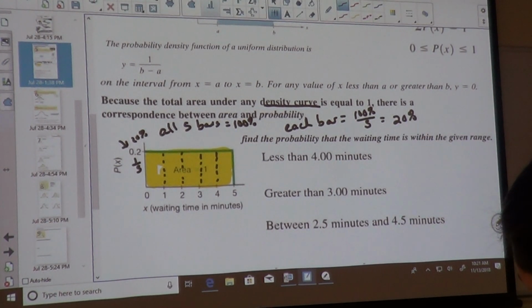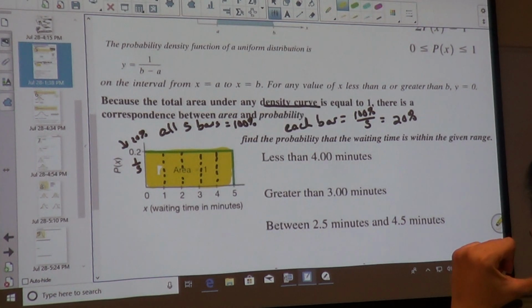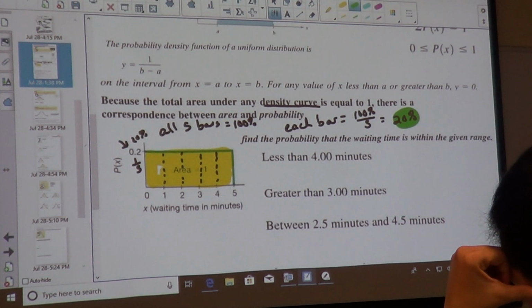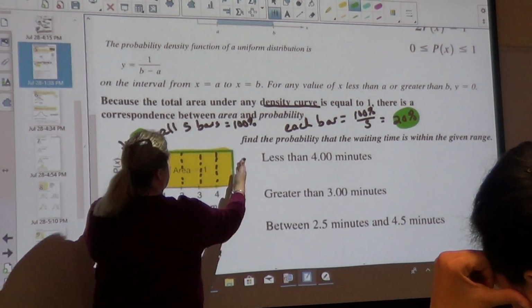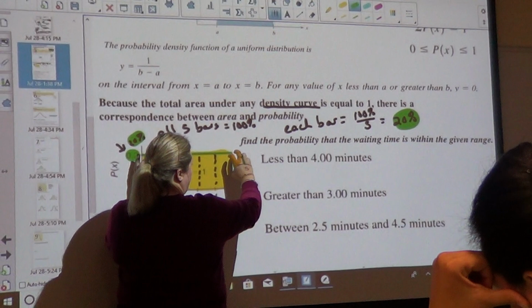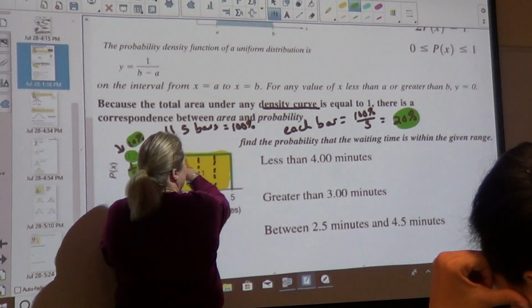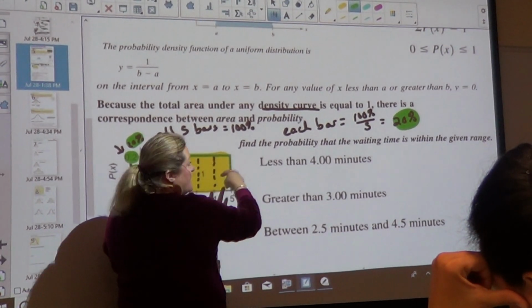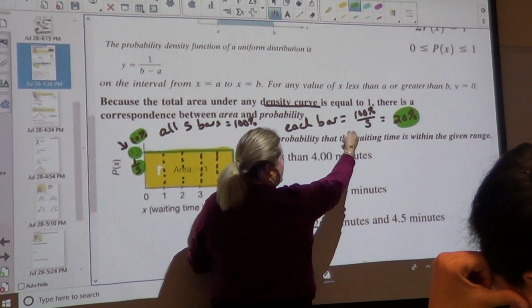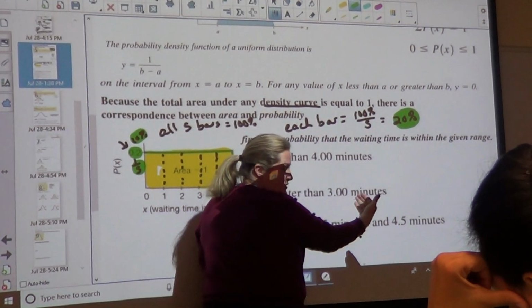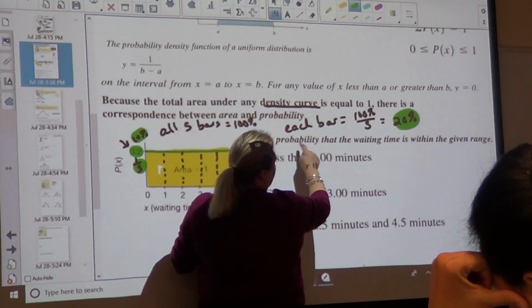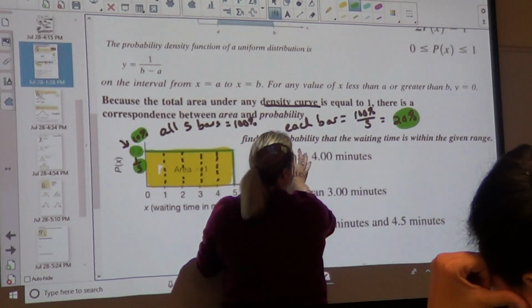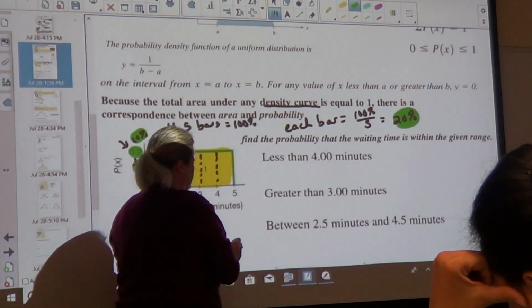So, hold on, let me get back to my little... There we go. So that 20% is what's telling you over there. And the way they did it is they just said, I have 5 bars and it equals 100%, and I got to split it evenly because they're all the same size. If I had 3 bars, I would divide it by 3. If I had 4 bars, I'd divide it by 4. So, find the probability that the waiting time is less than 4.